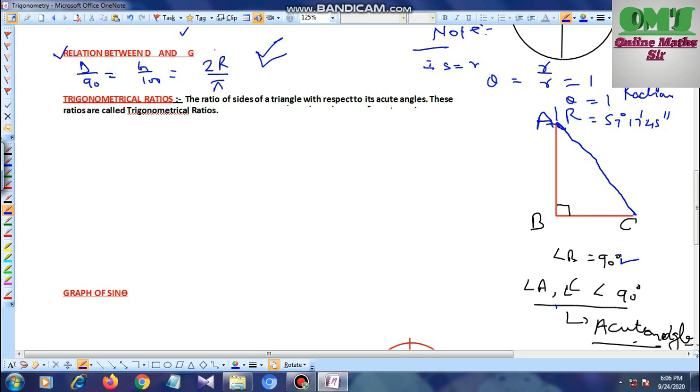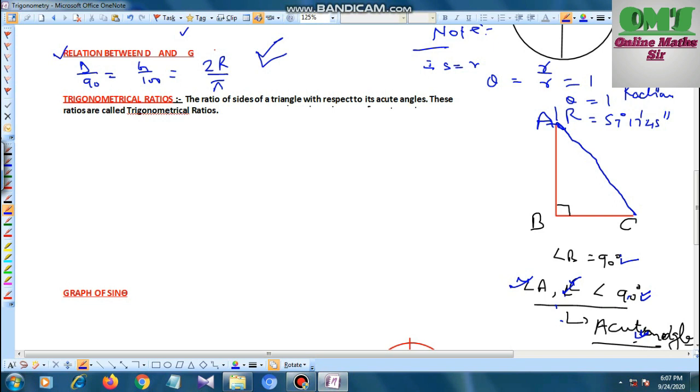and then angle A and angle C will become lesser than 90 degree because the sum of all the angles of a right angle triangle, or of any triangle, is 180 degree. So here angle B is already 90 degree. It means angle C and angle A both will be lesser than 90 degree, and these two angles will be acute angles, right?